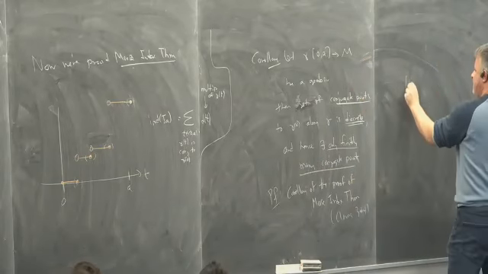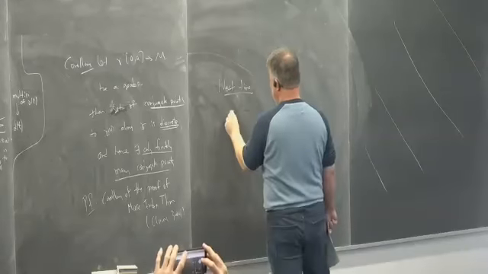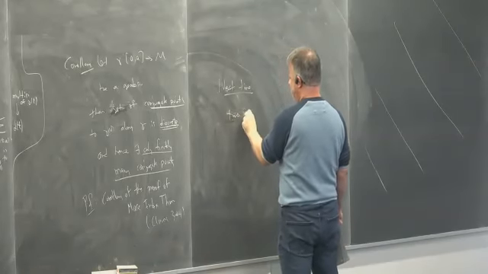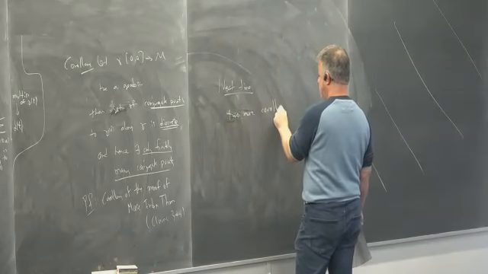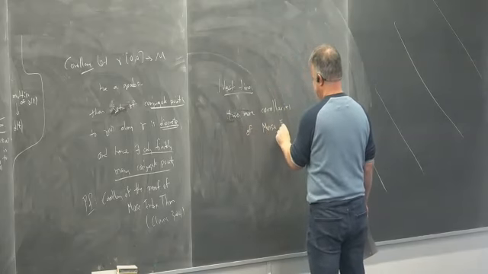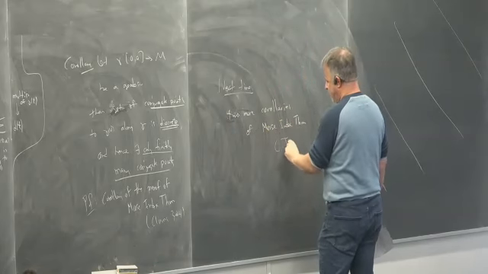Okay, so next time, two more corollaries of the Morse index theorem, but really one is just a contrapositive of the other. One is called the Jacobi theorem.